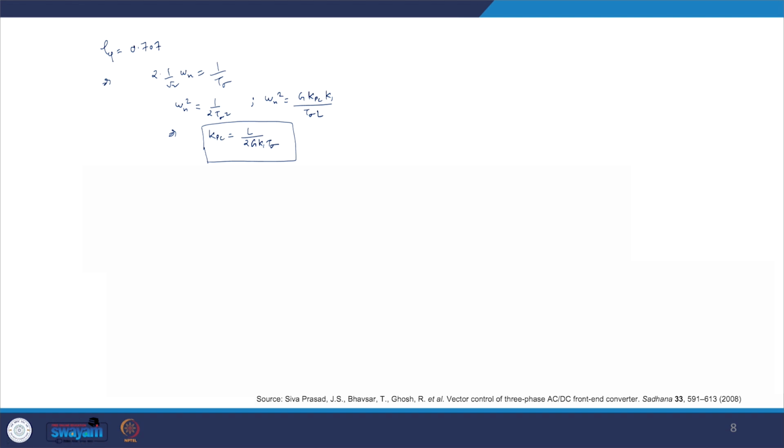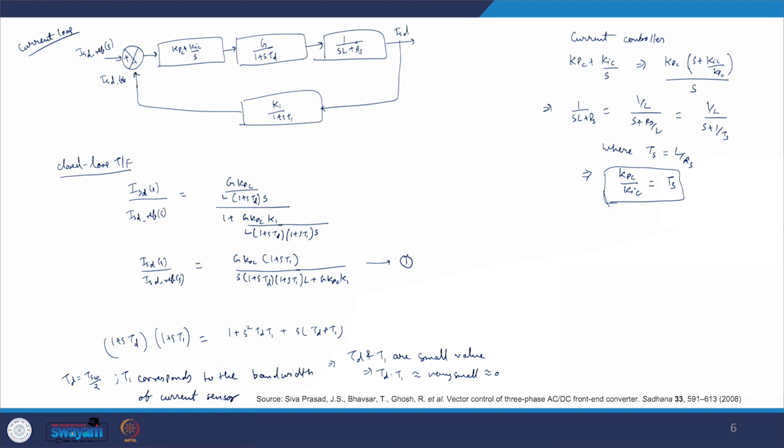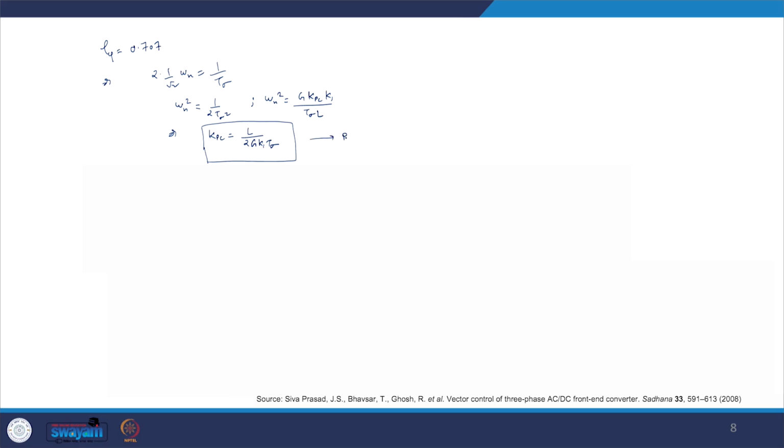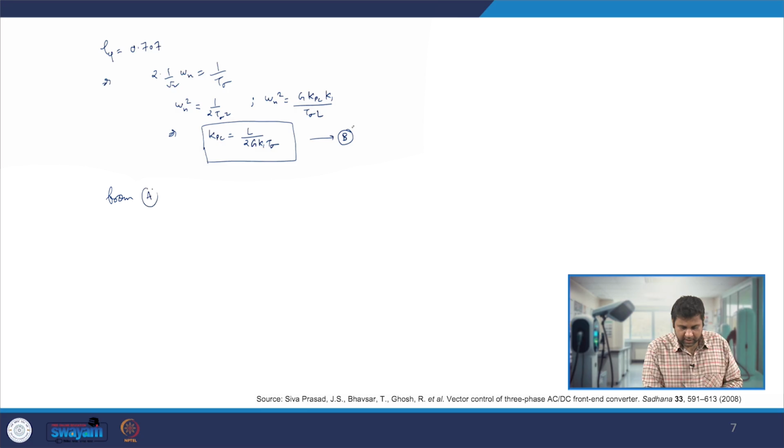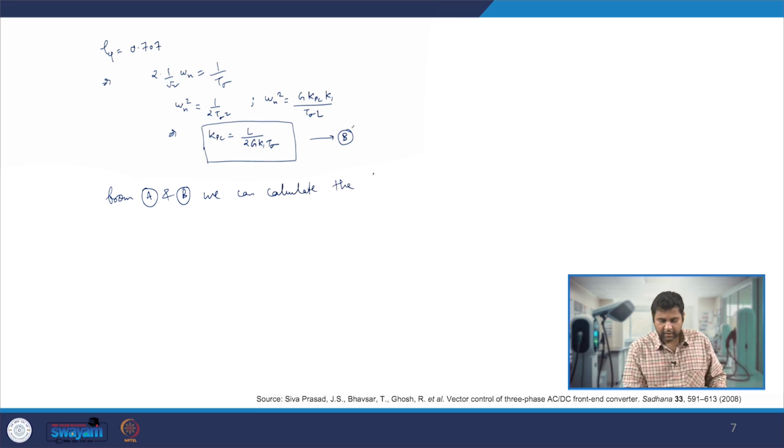From the first condition, let us define this as condition number A, and let us define this equation as equation B. From A and B we can calculate the current controller parameters.